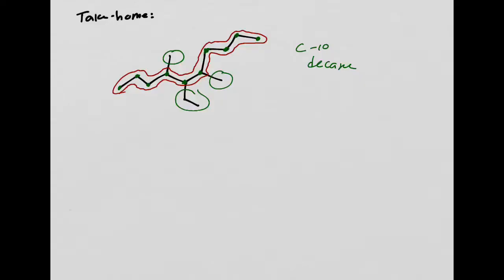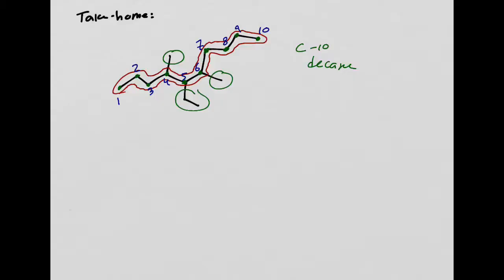If I number from the other way, 1, 2, 3, 4, 5, 6, 7 will be the substituent. No, you want the lowest number possible, so I'm numbering it from the left. So far, so good? Okay, so we know that the carbon chain is 10, is decane.